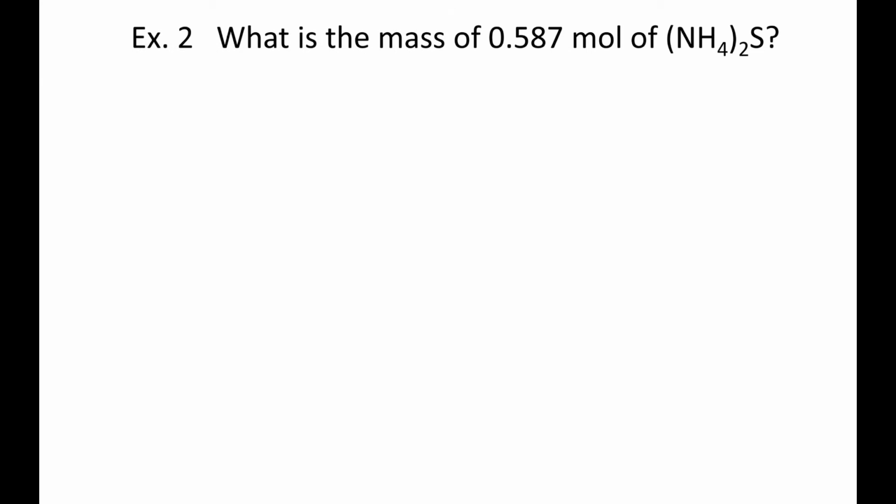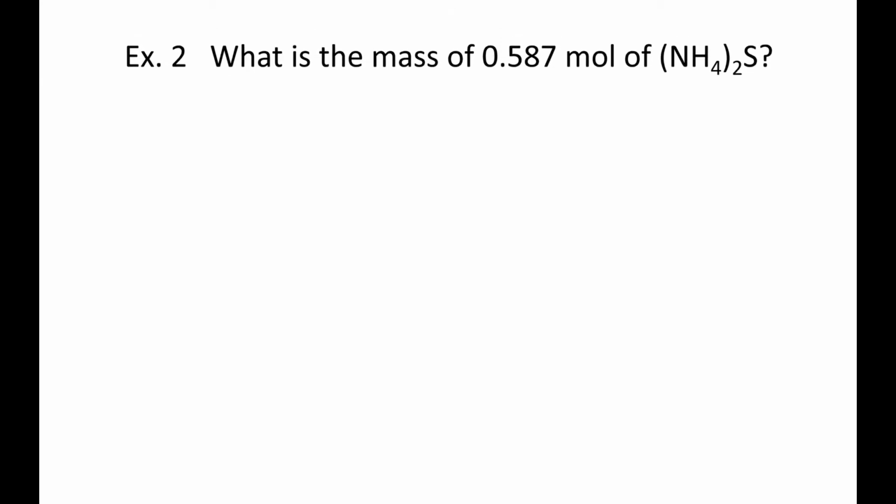Okay, so let's try this one. We need to get the molar mass of ammonium sulfide. So, 1 mole of (NH4)2S equals. Now, we're going to add up an N and 4 H's, and multiply that by 2, or you can do 2 N's.